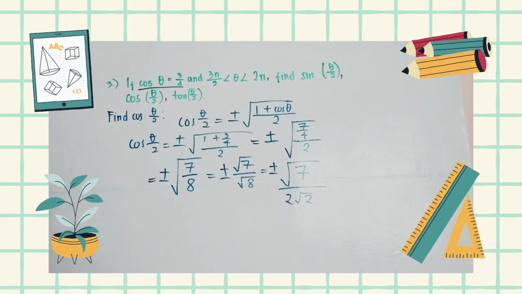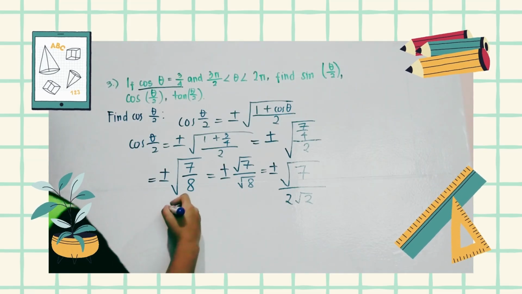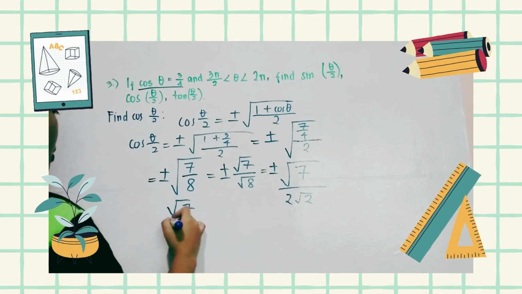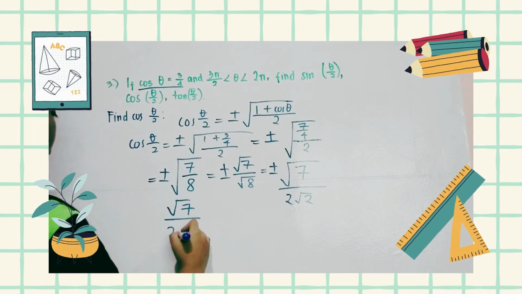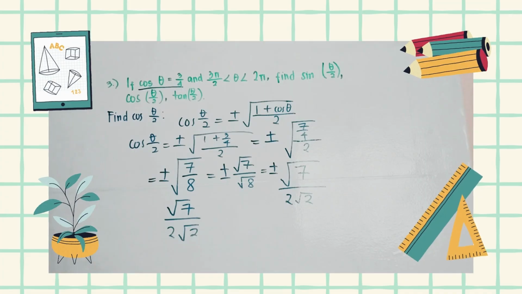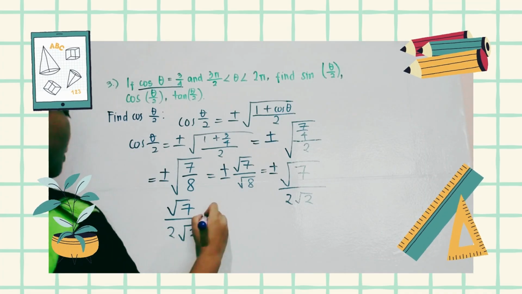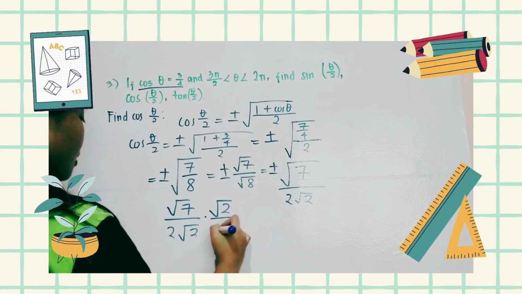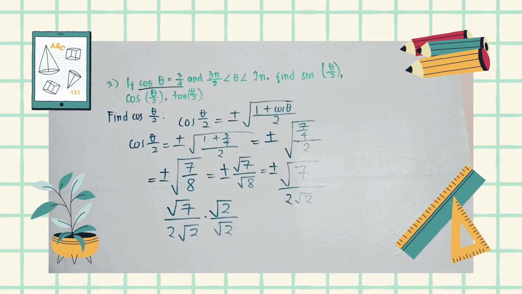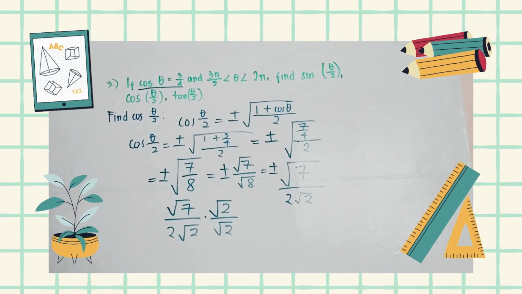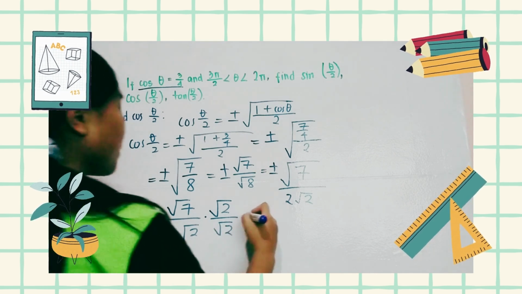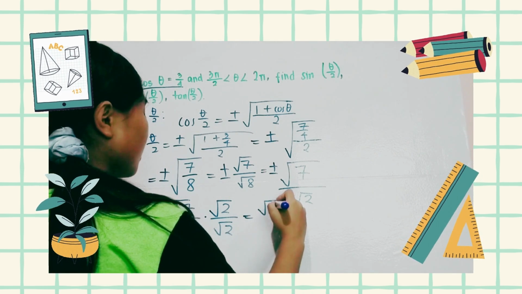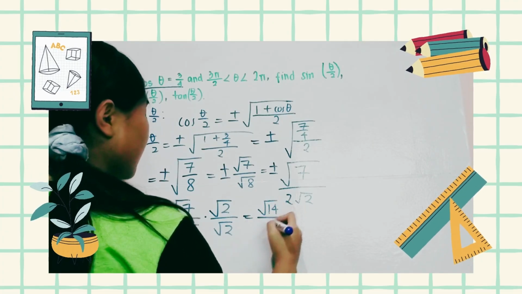Now let us rationalize this. So you can see the square root of 7 over 2 times the square root of 2 is multiplied by the square root of 2 over the square root of 2, which is equal to the square root of 14 over 4.